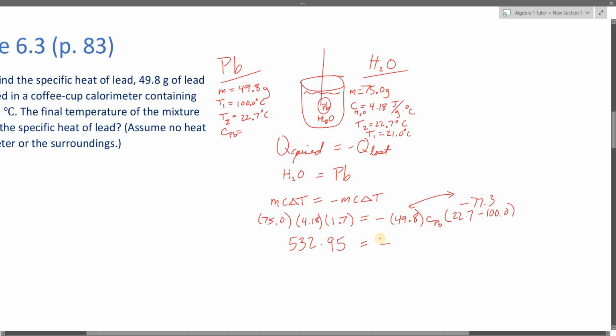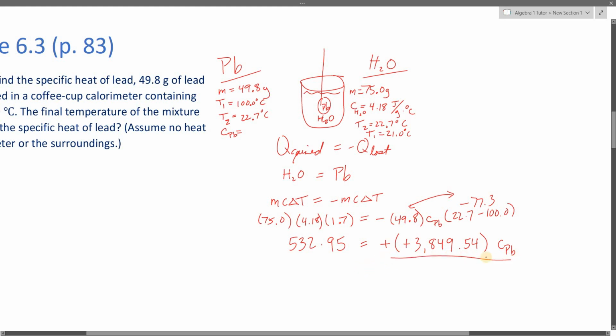You'll notice that'll give me a negative, and that gives me 3,849.54 on the right, and then I have the variable here of Pb, the specific heat of lead. Negative is a positive, and so I can ignore the signs.